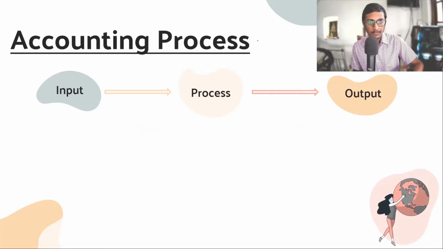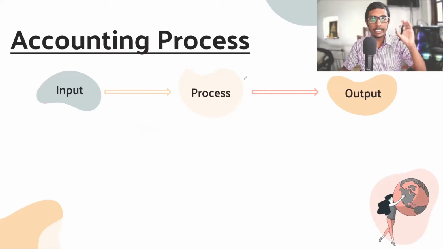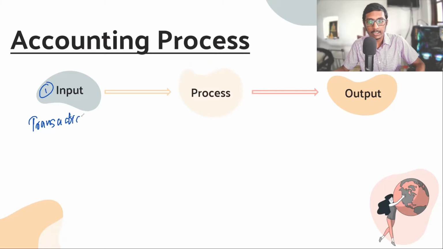In the accounting process we have 3 stages: inputs, process, and output. In the first stage, as inputs we can consider accounting transactions and events. The process starts with preparing the source documents.